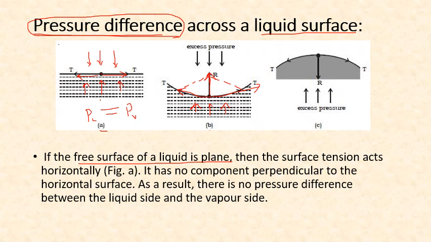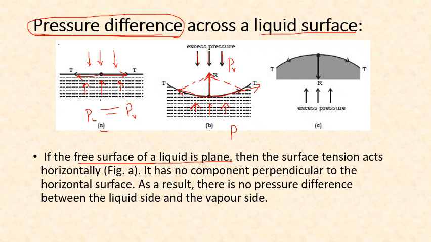Opposite to these forces, there will be a vapor pressure in the downward direction like this. The vapor pressure will try to put the force. As a result, for the surface to be in equilibrium, these two forces must be equal.